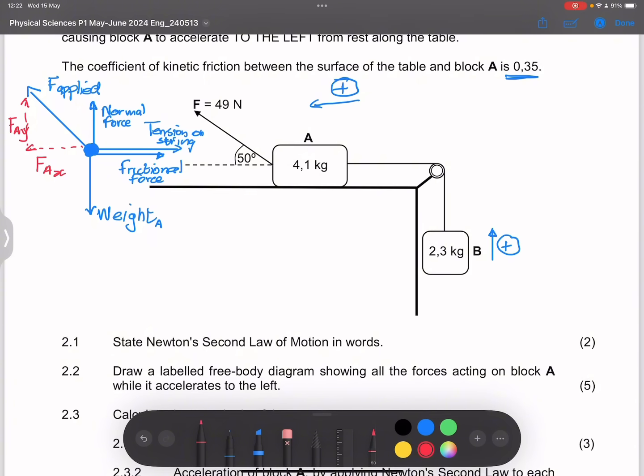Those two forces acting together are the equivalent of the applied force. So we can replace those two red forces for that one force, which is the applied force. Now, which forces are vertical? We've got the normal force, we've got the weight, we've got the vertical component of the applied force.